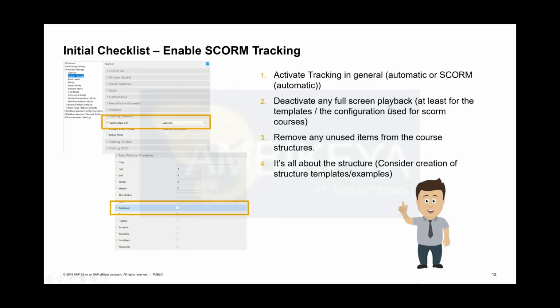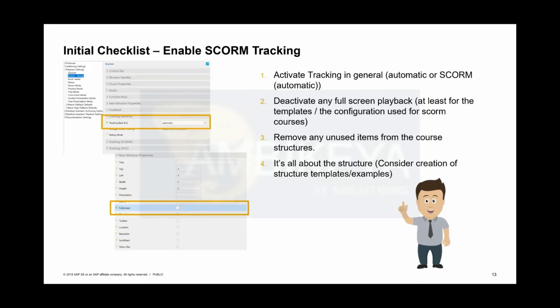The second thing to check: when we have use cases to export to an LMS, but also to use the library, and we want to track both the usage in the library and the usage in the LMS, which settings do we select in the tracking in general?